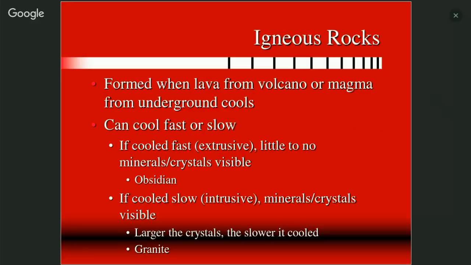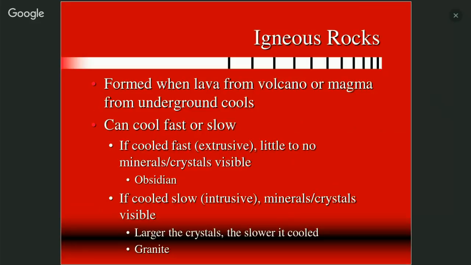And because they're cooled slowly, those rocks are able to capture the individual minerals or crystals. And so these particular ones tend to look different colors. You can usually tell how fast it's cooled based on the size of the crystal. If they have very large crystals, they were cooled very, very slowly. If they have smaller crystals, they were probably formed quicker.